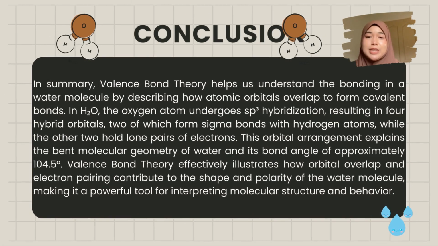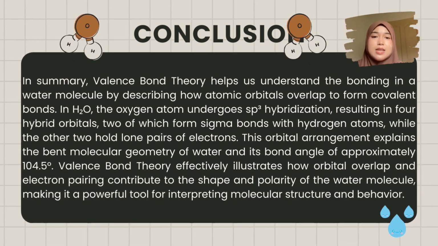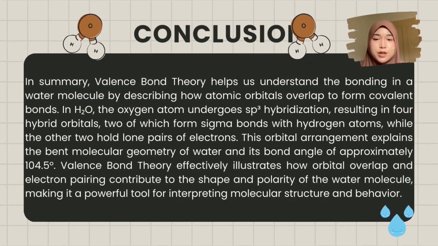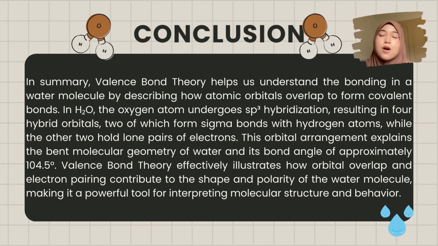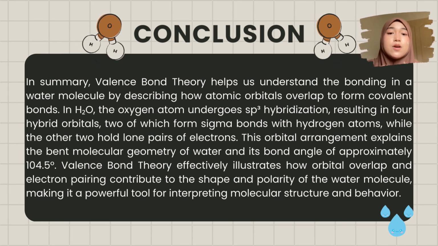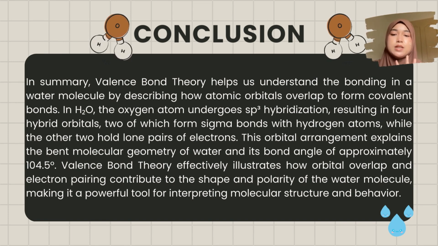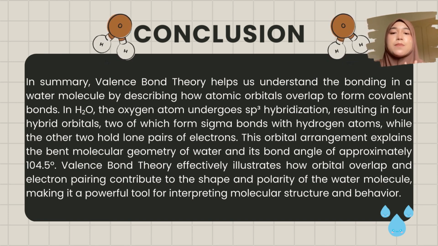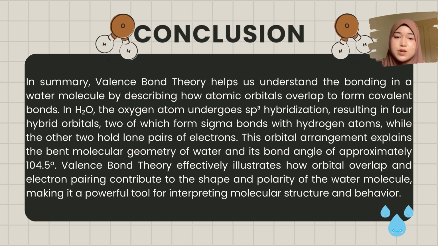For the conclusion, in summary, valence bond theory helps us understand the bonding in a water molecule by describing how atomic orbitals overlap to form covalent bonds. In H2O, the oxygen atom undergoes sp3 hybridization, resulting in 4 hybrid orbitals, 2 of which form sigma bonds with hydrogen atoms, while the other 2 hold lone pairs of electrons.